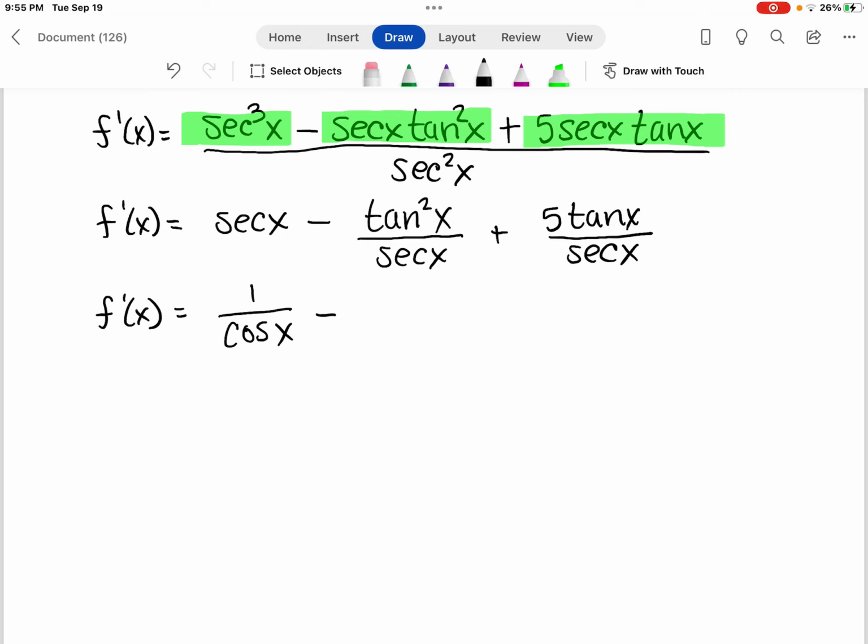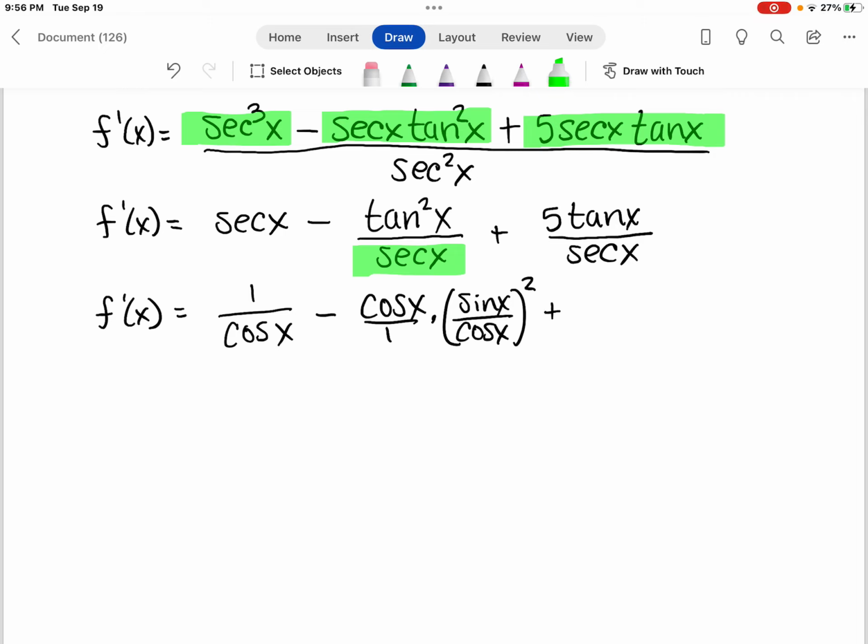Now, this secant in the second term is 1 over cosine, but because it's the reciprocal, I can rewrite it as cosine in the numerator. So I can write this as cosine x over 1 times tangent is sine over cosine, so I can rewrite that as sine x over cosine x, and that's squared because the tangent is squared.